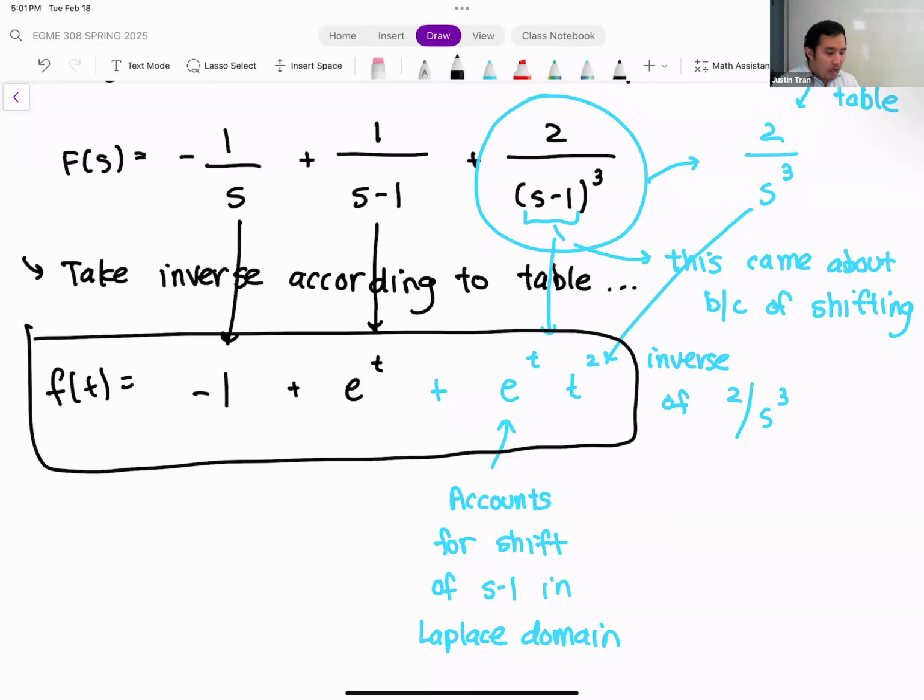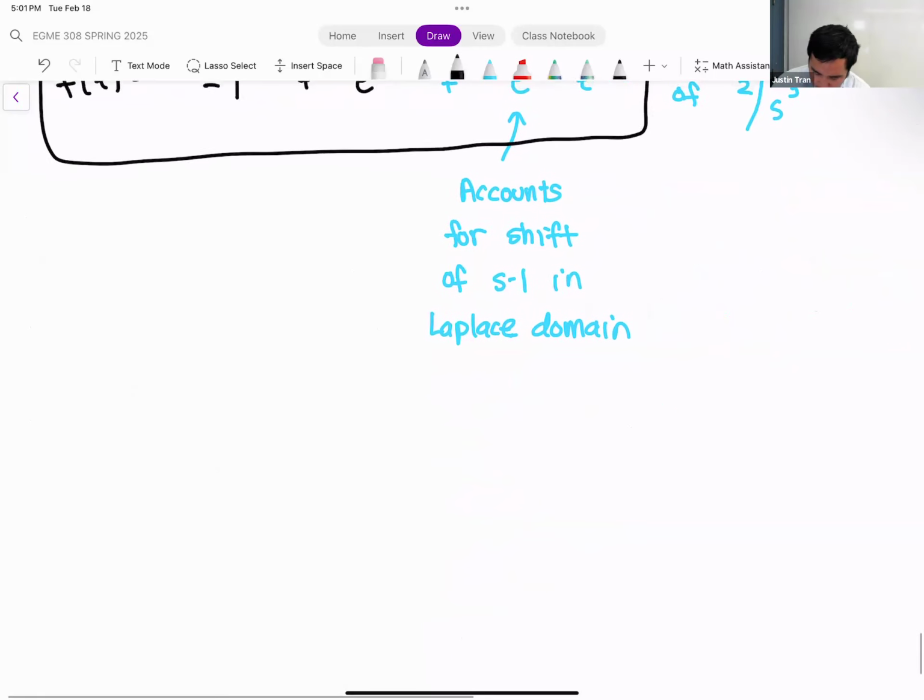Okay. So that was an example of partial fraction decomposition when you have a term that appears more than one time in the denominator. There's one more case that we have to go over. And this actually relates back to the first example that we were doing.